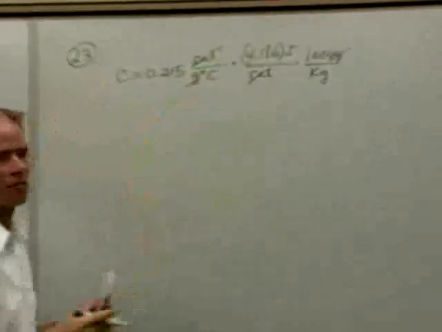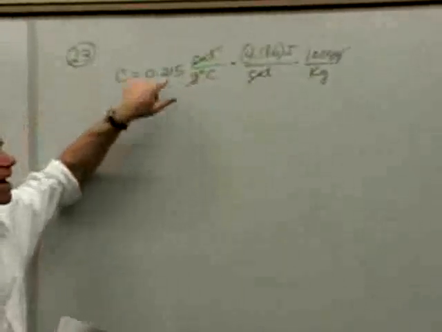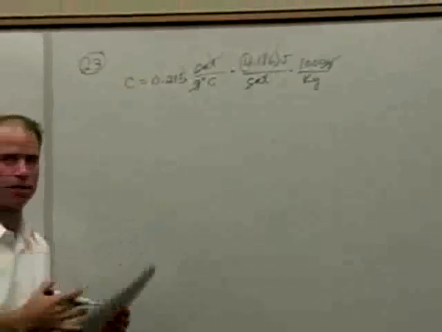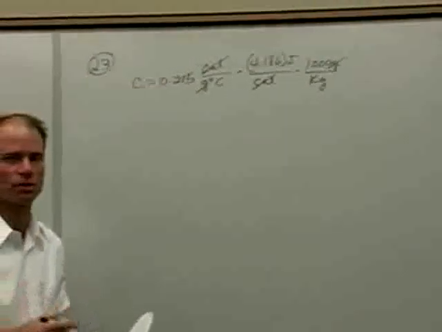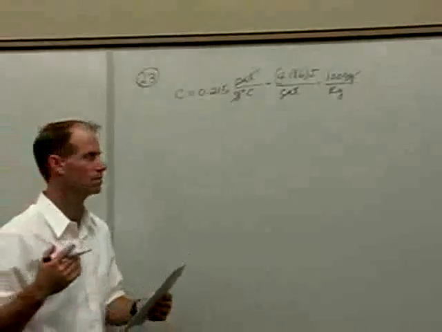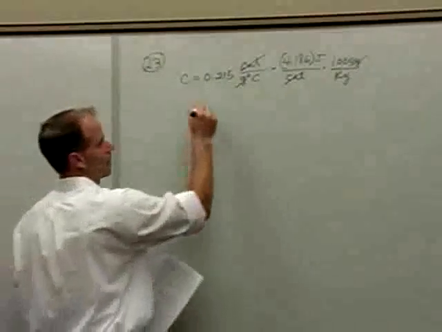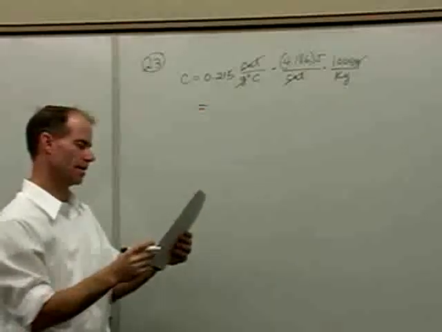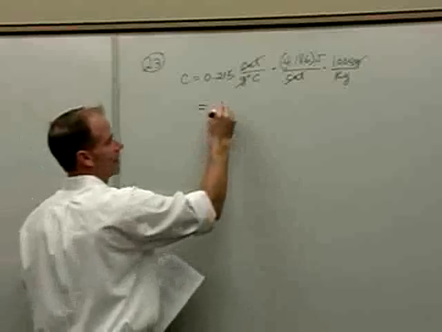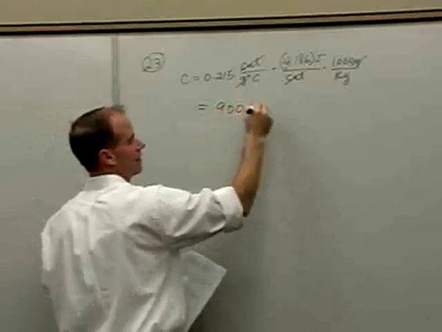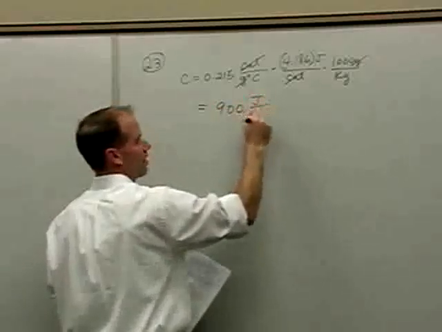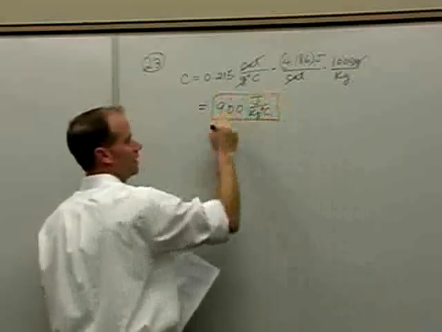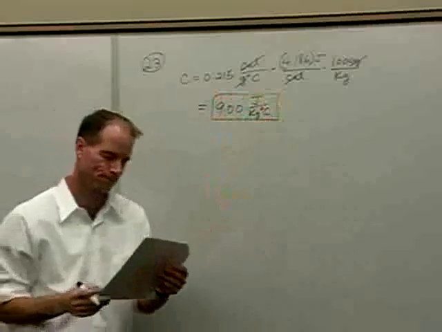So in other words, if I multiply this number, 0.215 times 4,186, I would convert into the SI system from calories per gram to joules per kilogram. And so 0.215 times 4,186 gives me a nice number, actually, 900 joules per kilogram per degree Celsius. That's our specific heat for aluminum.